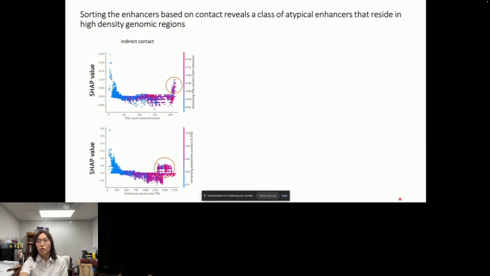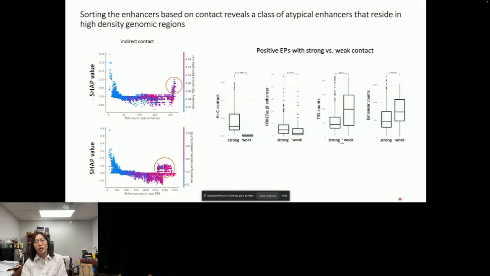So we went back to the raw data and looked at the characteristics of these enhancers. These were enhancers that didn't resemble the other positive cases because they had very, very low Hi-C contact with the promoter. They had lower enhancer marks, and they reside in regions where they have a lot of promoters and a lot of enhancers.